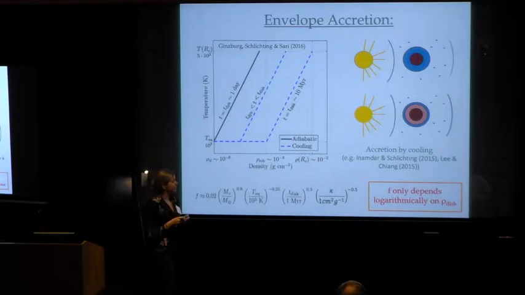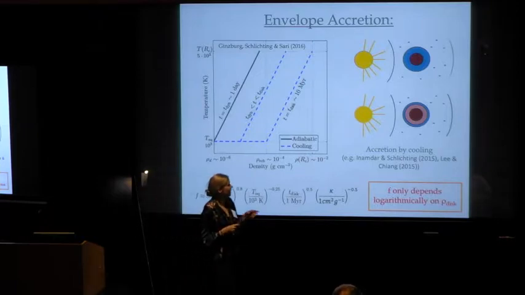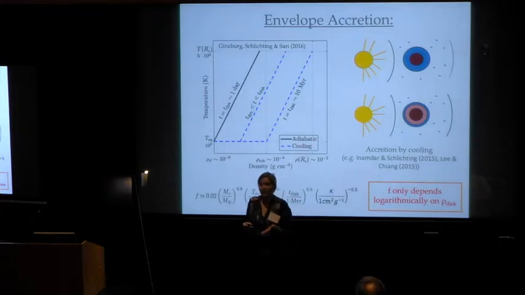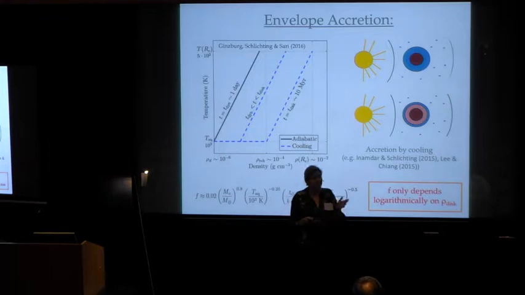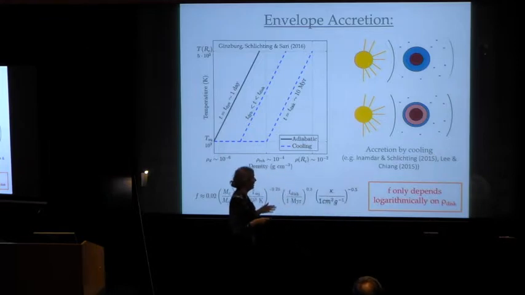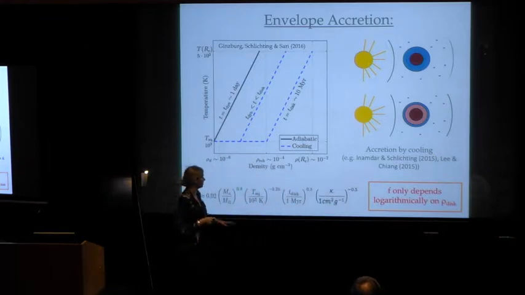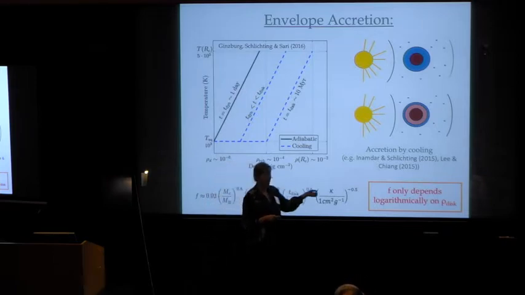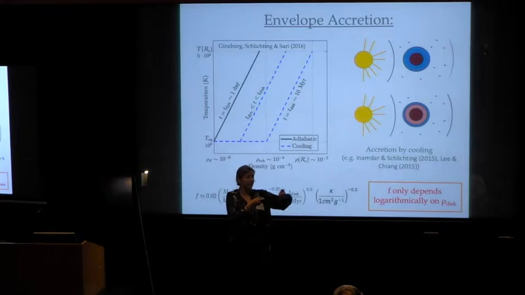Because of that, the cute result is that how much of an atmosphere you accrete does not depend to first order on the gas surface density in the disk. It's really driven mostly by the timescale you have for cooling, so that's why you have the disk lifetime in here. And of course the opacity, because it is the bottleneck at the radiative-convective boundary, because it tells you how quickly you can get the heat out.